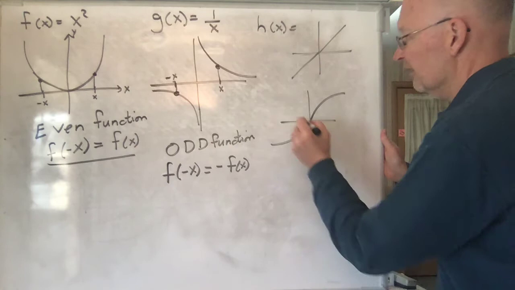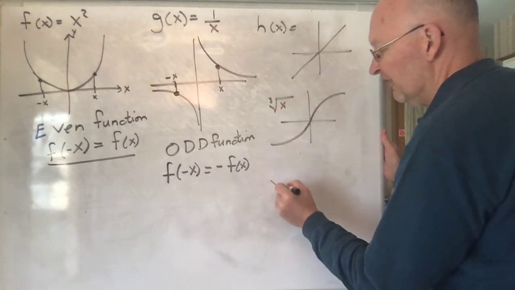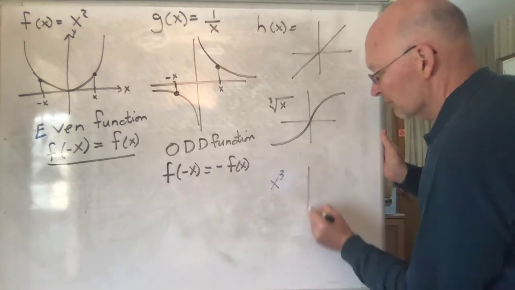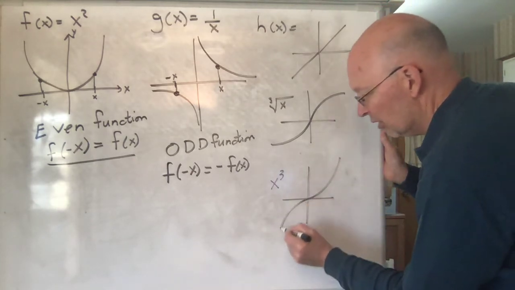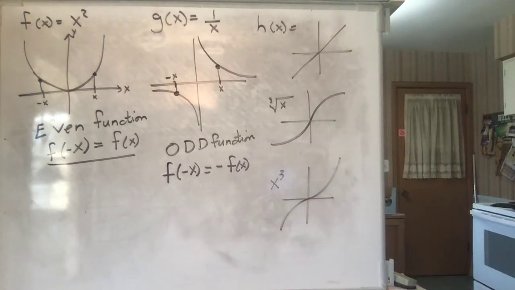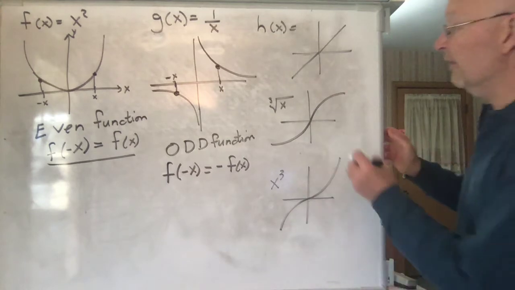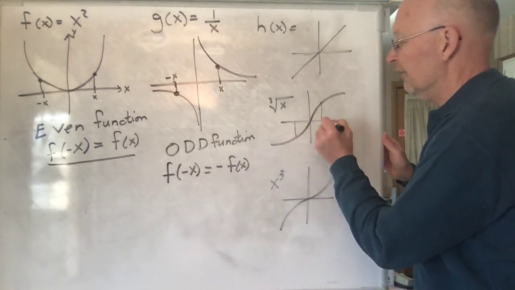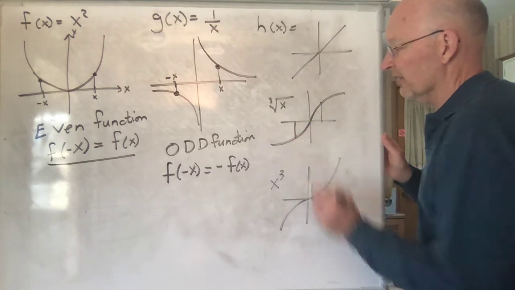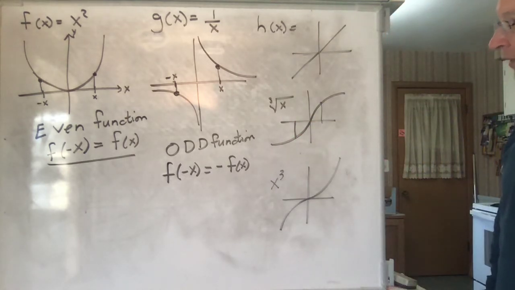Another one is x cubed, which looks like this. So all of those have the property that whatever the value of the function is here, it's the exact negative if you take the opposite of x. It's just the exact opposite. And so those are odd functions.